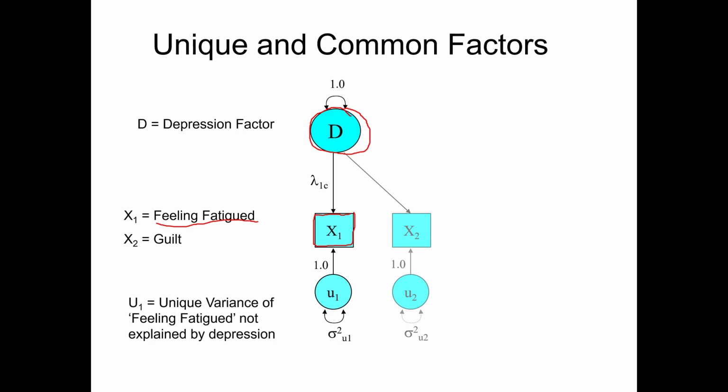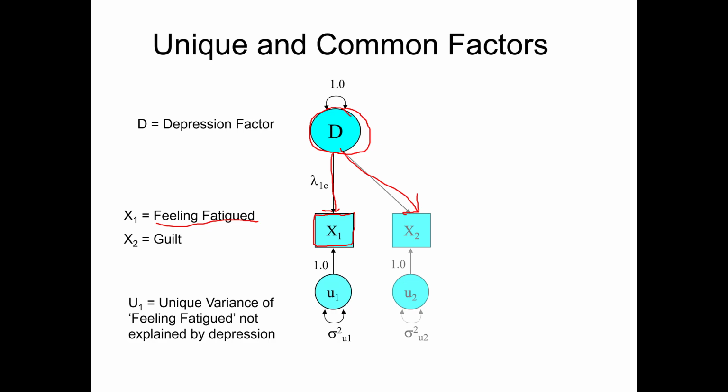So depression is indicated by feeling fatigued, and indicated by guilt. Sometimes we say fatigue and guilt load on this factor, or depression is indicated by these variables. That's the exploratory factor part.